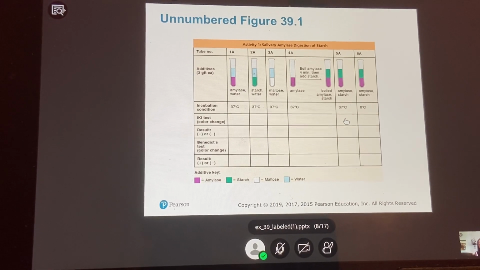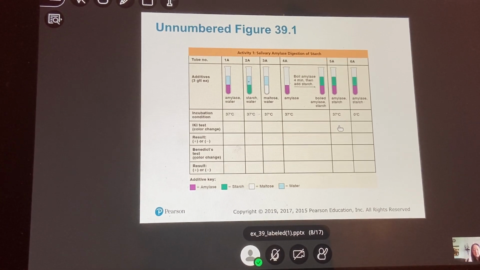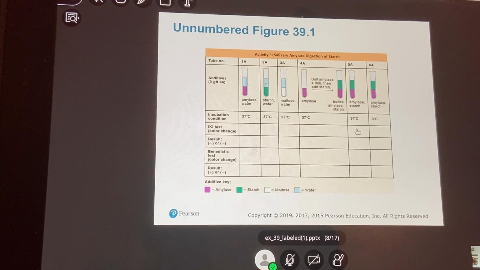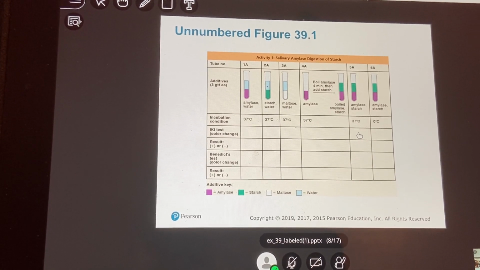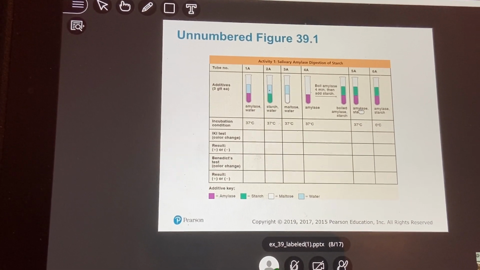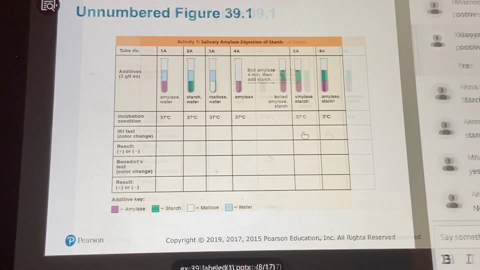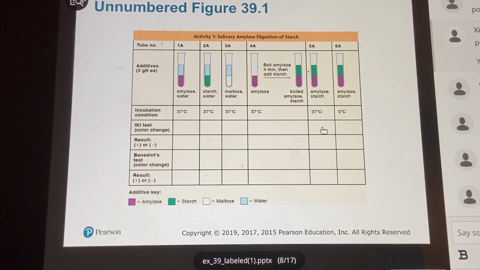If we did this in an optimal environment, very careful, no contamination, we don't expect the IKI test to be positive because the starch should have been digested by the amylase, converting it to simple sugars. You get that? So there should be no color change.